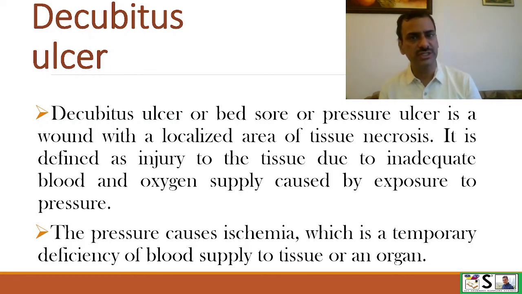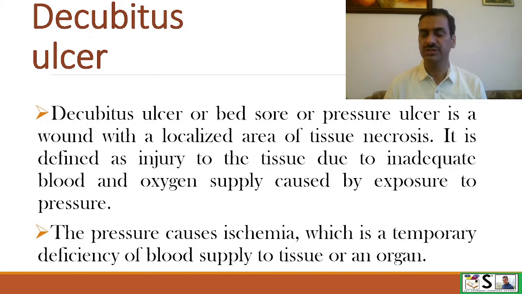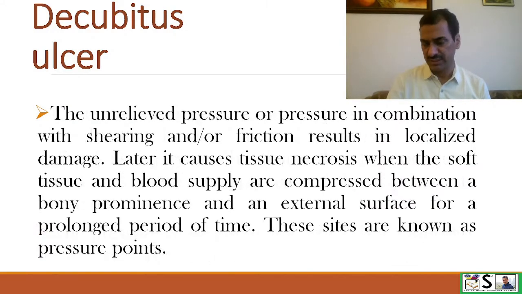The pressure causes ischemia, meaning decreased oxygen supply to the tissue, which is a temporary deficiency of blood supply to the tissue of an organ. But if there is unrelieved pressure for a longer time, in combination with shearing or friction, it results in local tissue damage.